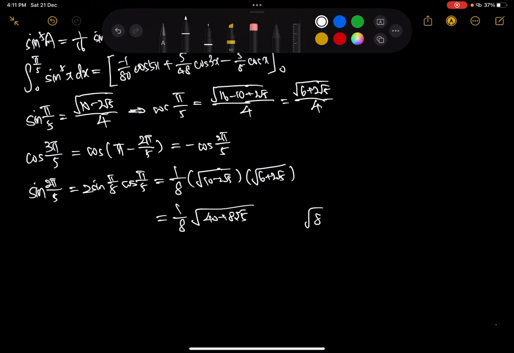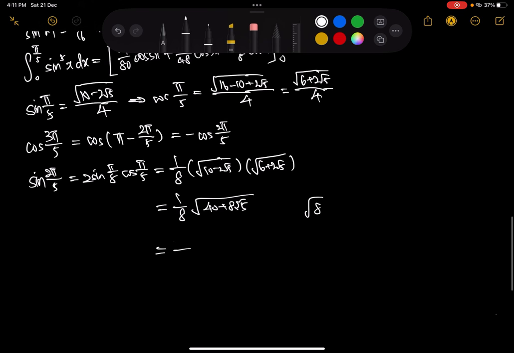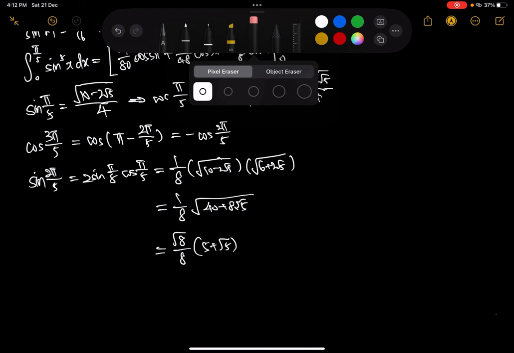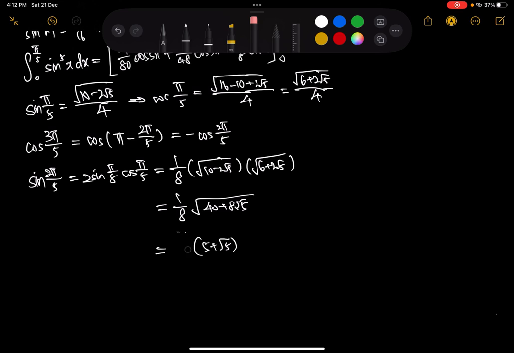So again we have 5 plus root 5, root 8 over 8. And then root 8 over 8 is 1 over root 8 is 1 over 2 root 2. So it is root 2 over 4. So again we have root 2, 5 plus root 5, rooted, of course, over 4.